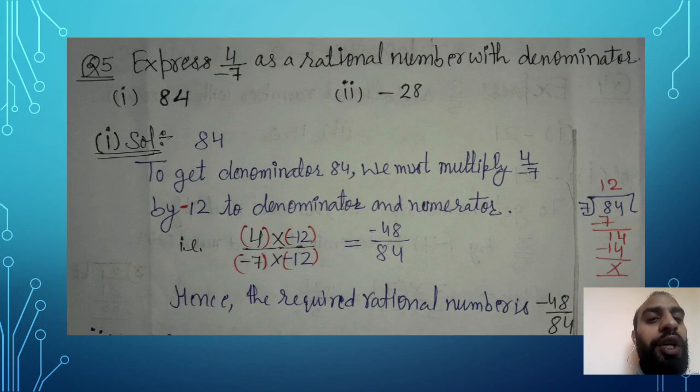To get denominator 84 we must multiply 4 upon minus 7 by minus 12 to the denominator as well as the numerator. This minus 12 is very important to understand, as by division we come to know the number only, but the sign we come to know when we are thinking what is given to us. It is given minus 7, so we need a negative number so that we can get minus into minus plus.